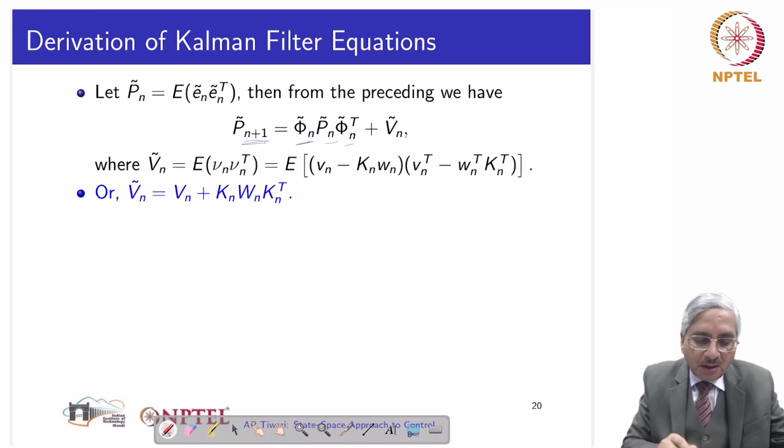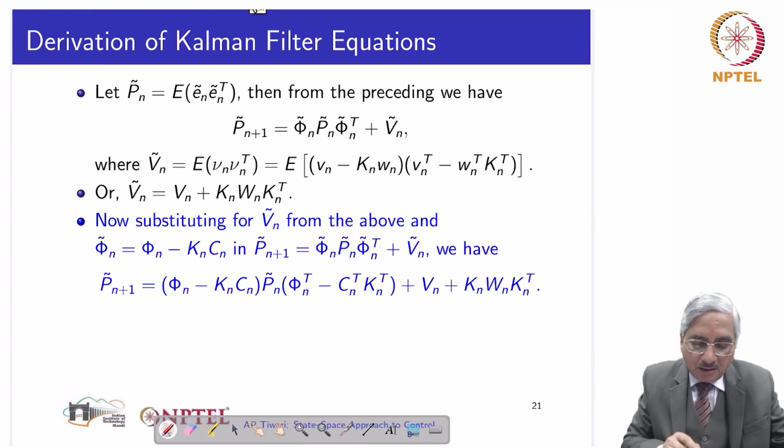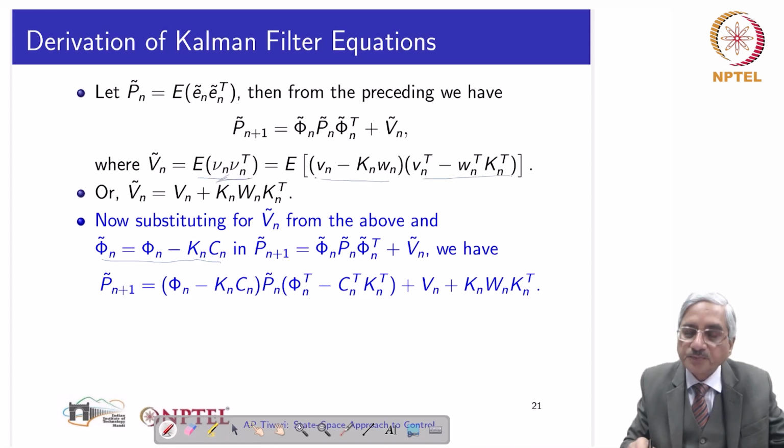So we introduce one more notation, okay, we will come to that. This Vn tilde is expectation of this, and this nu n was given by this expression. So nu n transpose is this, and now it will contain terms like Vn Vn transpose, Vn Wn transpose, Wn Vn transpose, and Wn Wn transpose.